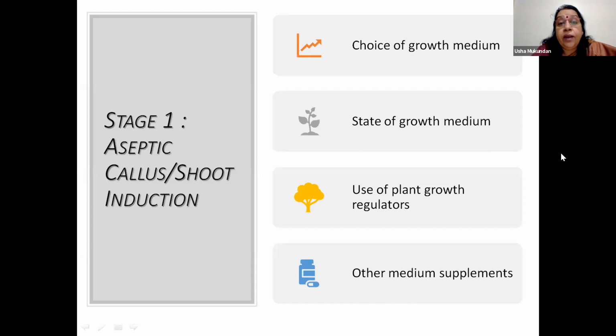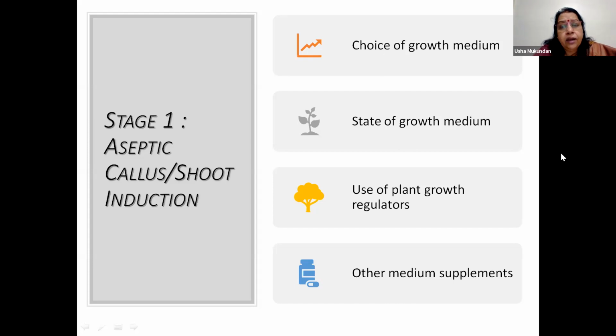Your control will be without any PGR, so it will be just plain MS. Then you can choose a couple of combinations, say where auxin concentration is more and cytokinin is less, or vice versa, and make 5 test tubes and do an initial screening to see where your explant is responding. Depending on that, you can then design your experiments later.